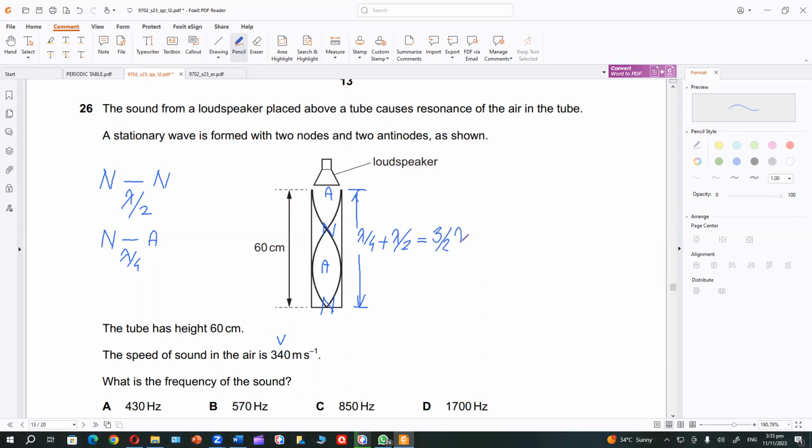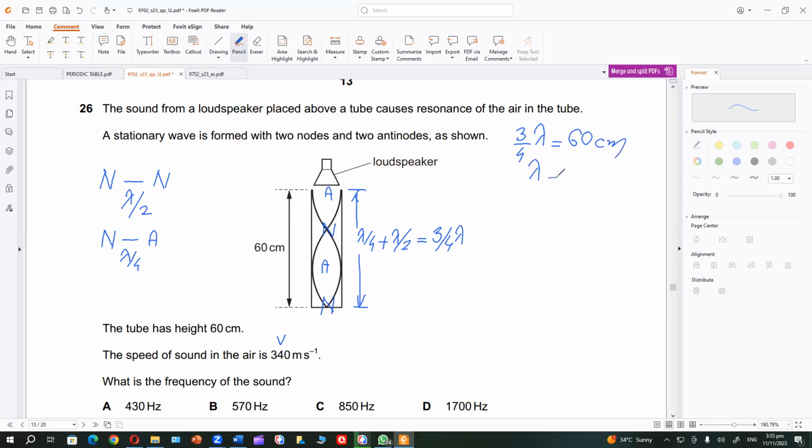Oh, sorry, 3 by 4 lambda, right? It is 60 centimeters.